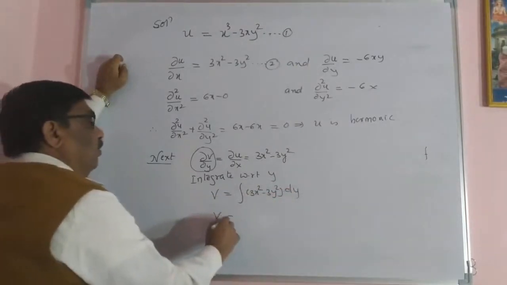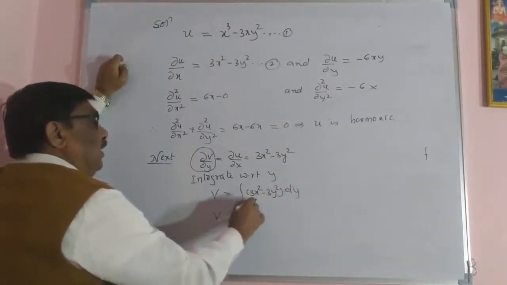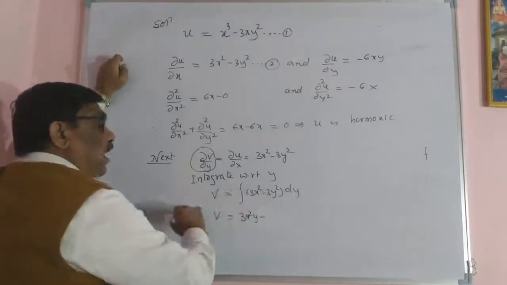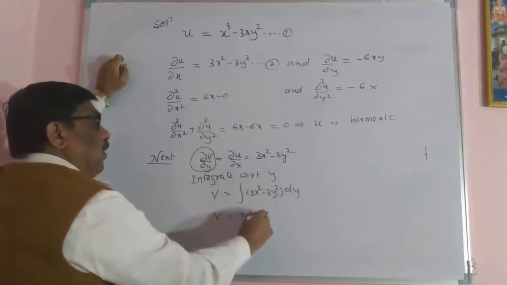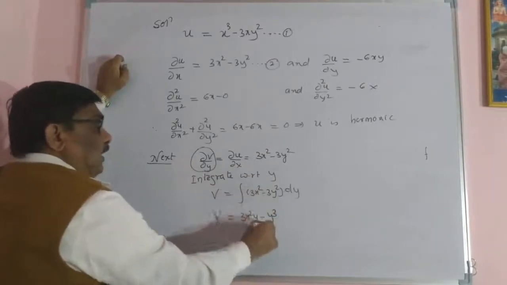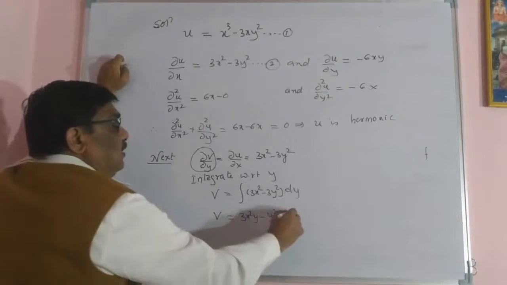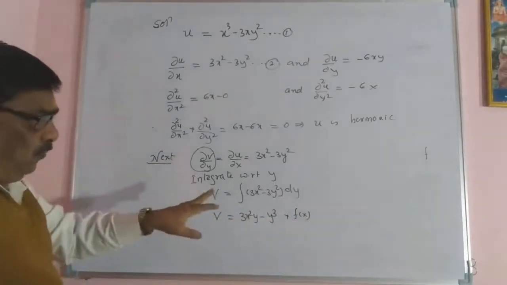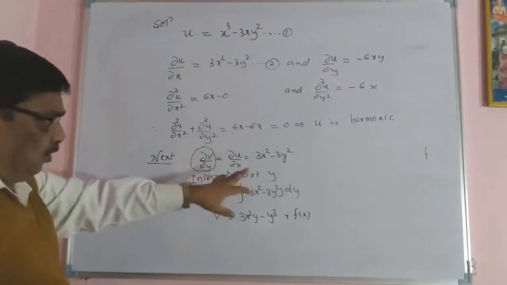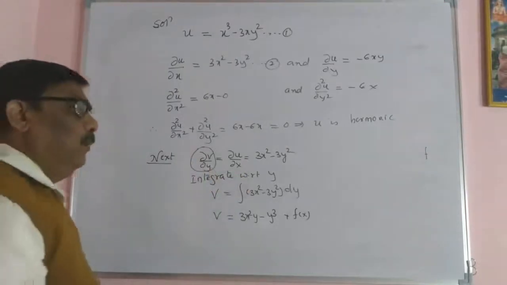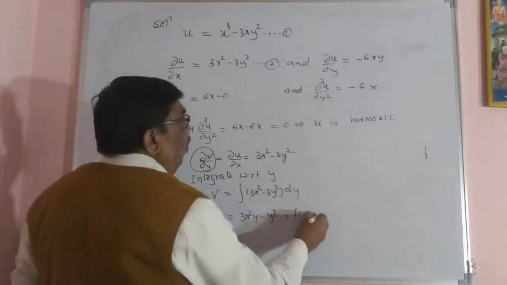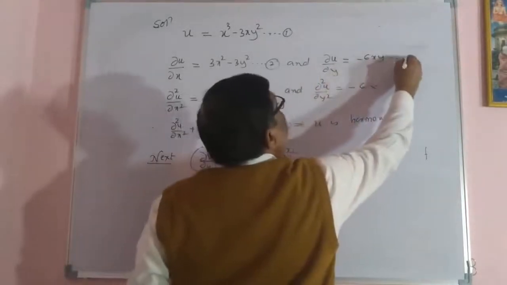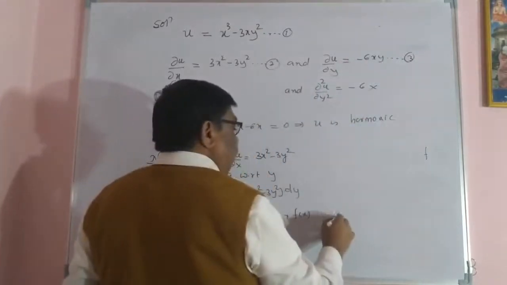That gives 3x square times y, minus 3 times y cube by 3, and the 3 divided by 3 cancels, plus the integration constant. Always take f of x, because you are integrating with respect to y, as it is a partial derivative, it may be a function of x or a constant. Call this as 4.